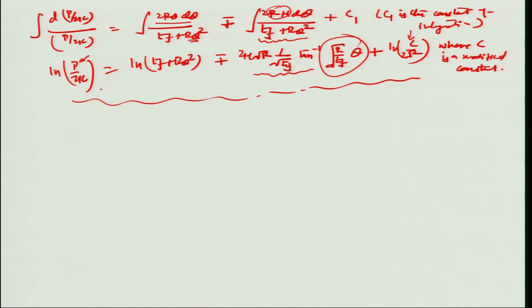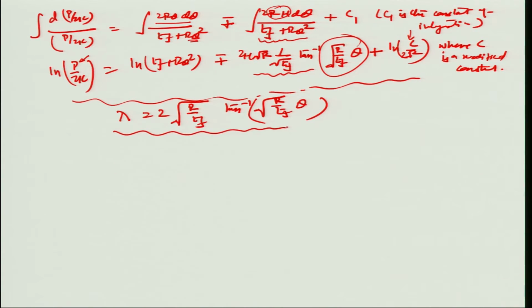So if we write this in a clear manner, let's say we make a lambda which is equal to twice by root of r by Tf times of tan inverse of root of r by Tf theta. So we assume this as the lambda. So we are left with here a case where P by 2k can be estimated as some value C times of y by r.